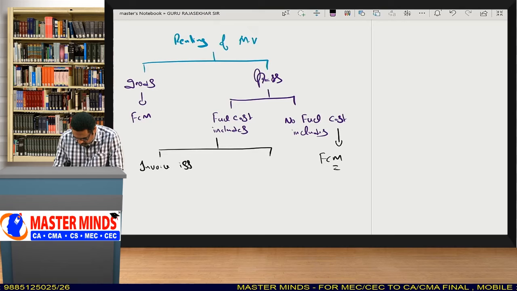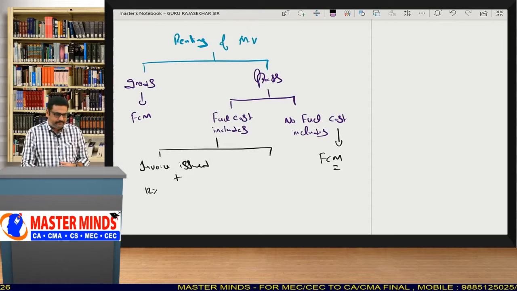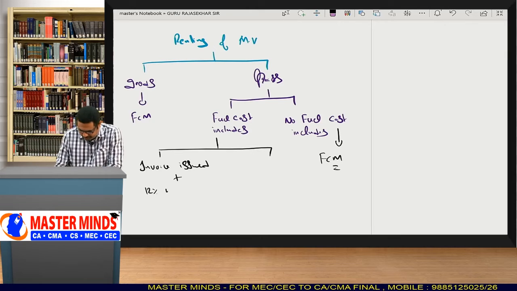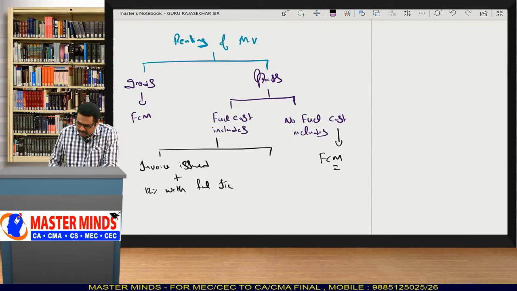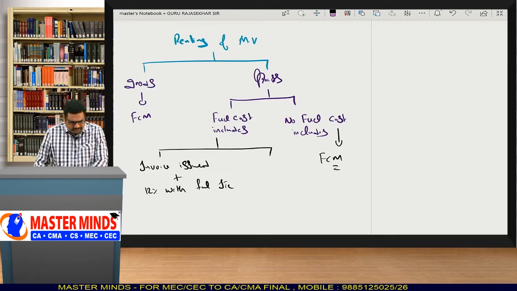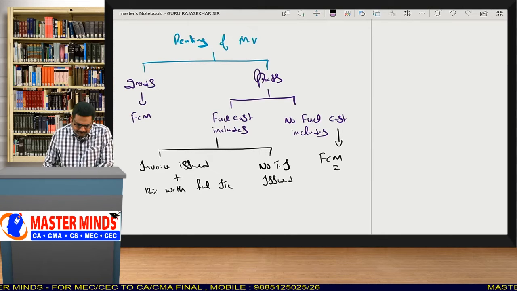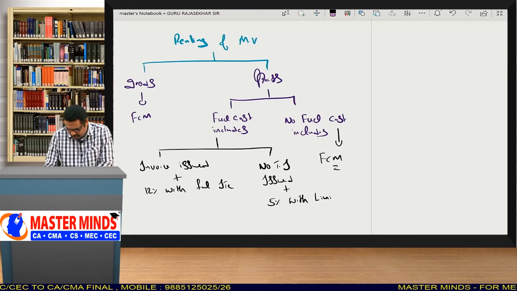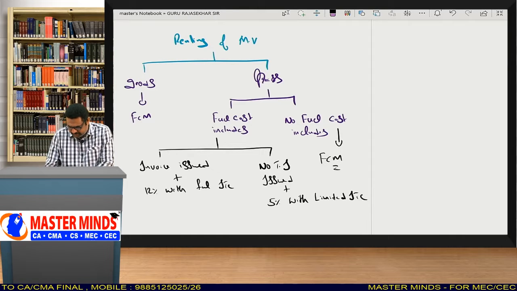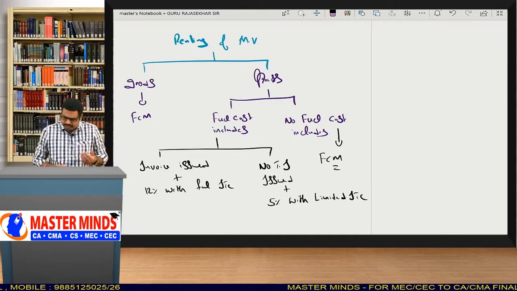Invoice issued plus 12% with full ITC. And whereas another point is no tax invoice is issued plus 5% with limited ITC.